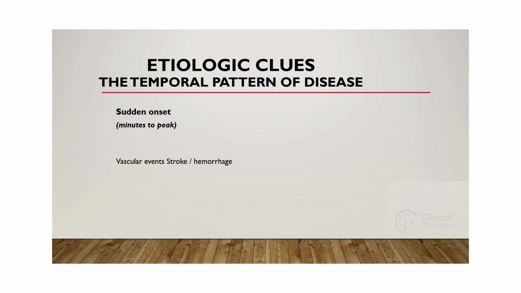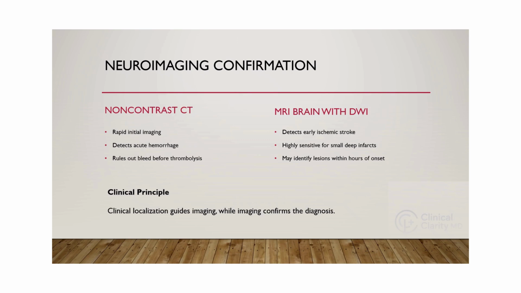Once the lesion has been localized clinically, neuroimaging is used to confirm the diagnosis and identify the underlying pathology. The first investigation in most acute stroke patients is a non-contrast CT scan of the brain. It is rapid and widely available. The most common reason for which it is ordered is to exclude bleeding, especially in patients in whom thrombolytic therapy is being considered.